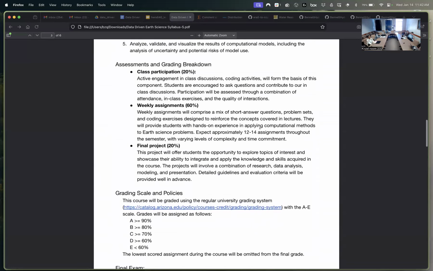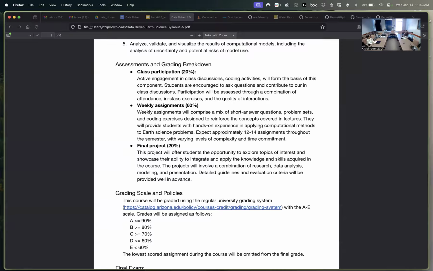On the grades, I anticipate no one will lose 20% on class participation. We'll have assignments weekly, we'll see. I hope to give you your first assignment on Friday, but it'll be an easy one. And then the project: mid-semester, you will find a data set that you want to work with and do some sort of modeling or analysis with.